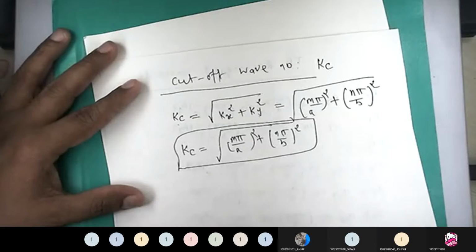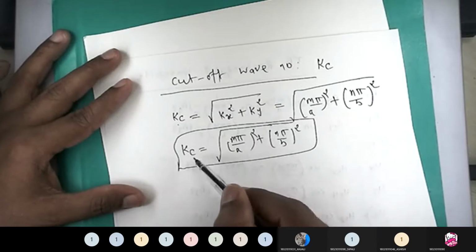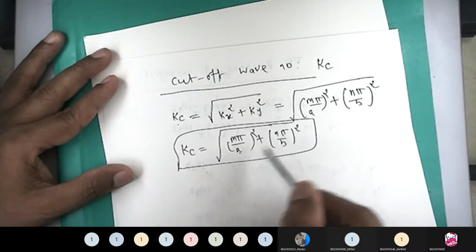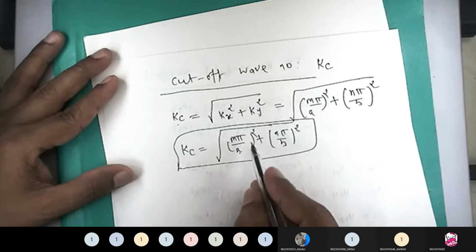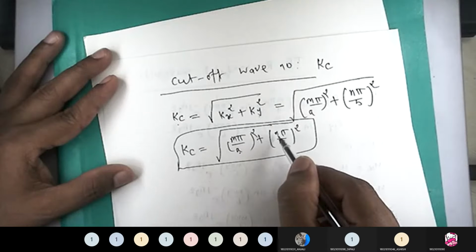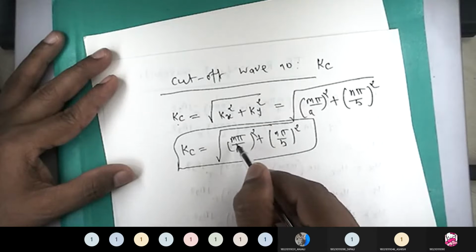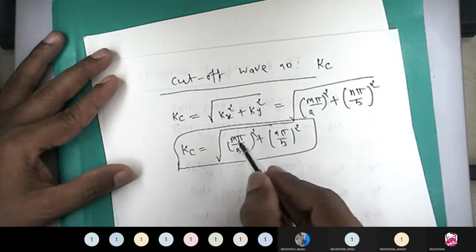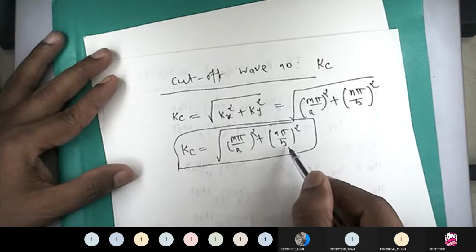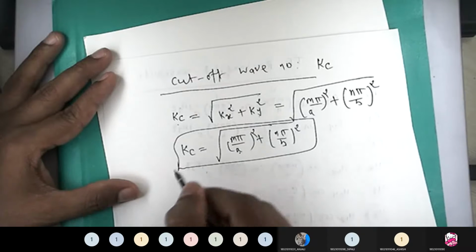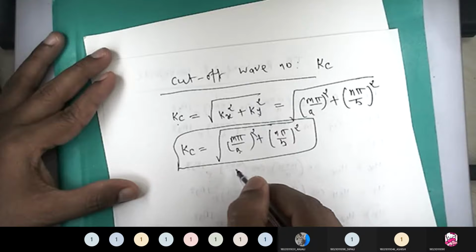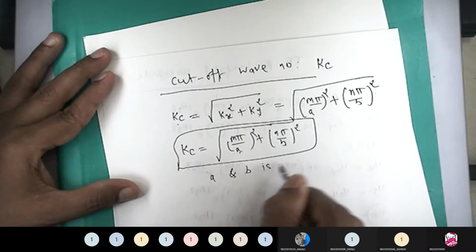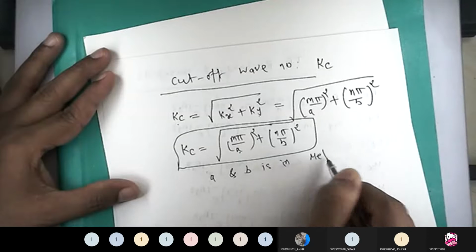And here it is clearly shown that the cutoff wave number is directly related to the physical dimensions a and b, and it also depends upon the integers, that is, what our mode will be: m and n equal to 0,1, 1,0, 1,1 or 2,2. So depending upon those numbers and the physical dimensions, you will get different cutoff wave numbers. Let me write here that a and b are in meters.